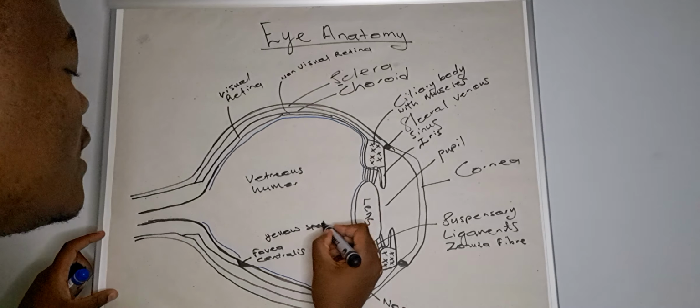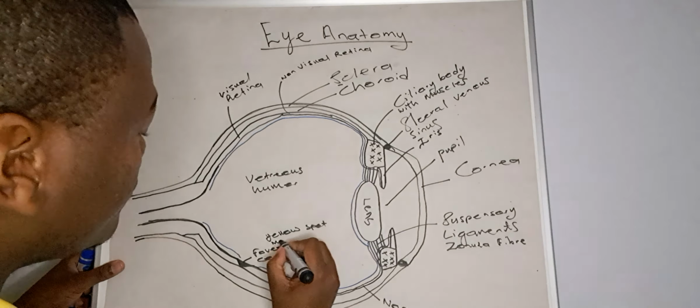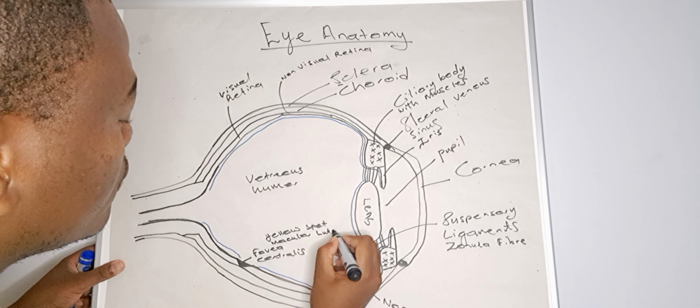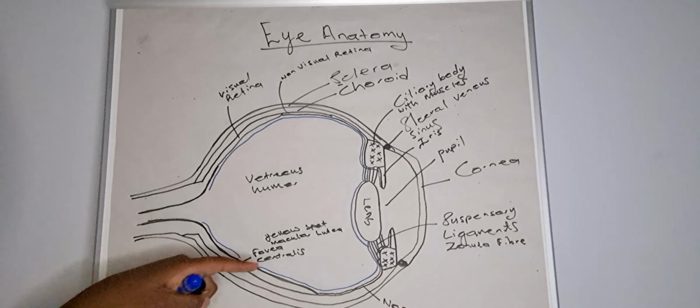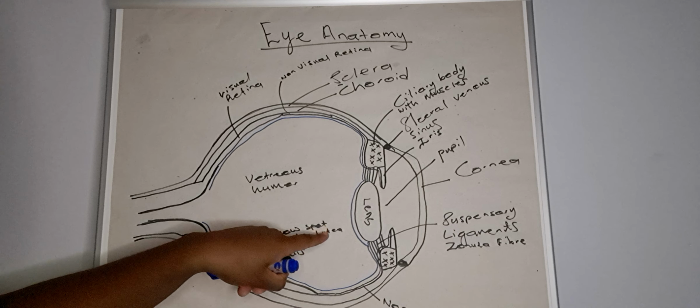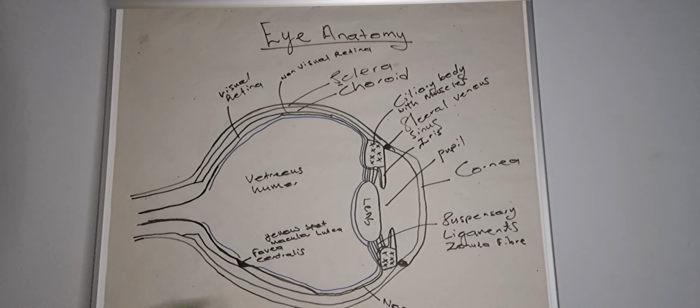If you don't want to say yellow spot, we can call it macula lutea. Those of you who are studying with me will understand this particular lutea. We do find it in the menstrual cycle, corpus luteum. The word lutea actually means yellowish.